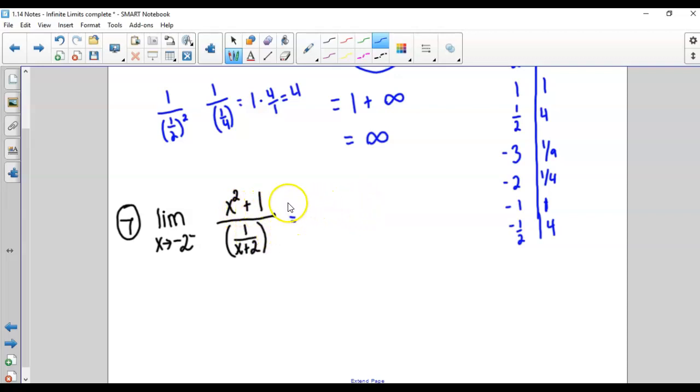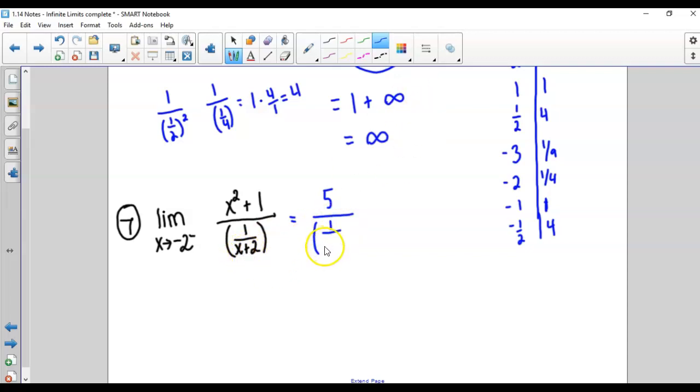In the top, we'll just get 5. When we plug in -2, -2 squared gives us 4, plus 1, that gives us 5. In the bottom, we're going to get 1 over x plus 2, which is -2 plus 2, which is 0.